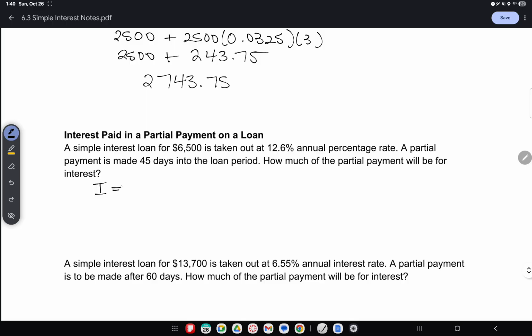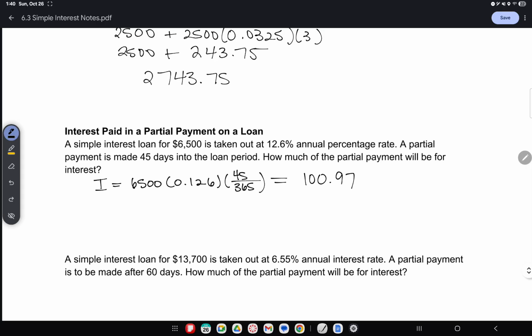So interest is that principal amount times that rate, and then it's 45. So the interest, 6,500 times 0.126 times 45 out of 365 is $100, and we'll round, 97 cents. So that's how much is going to go to interest.